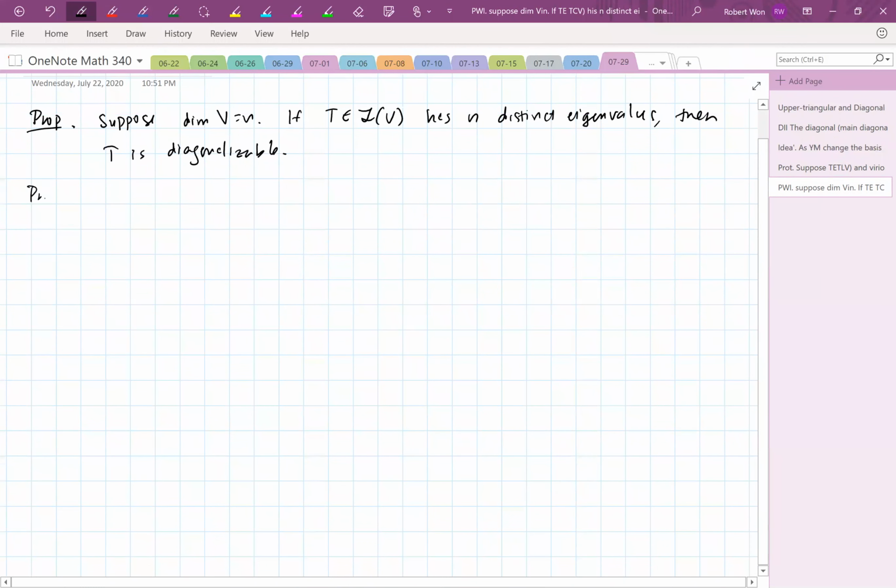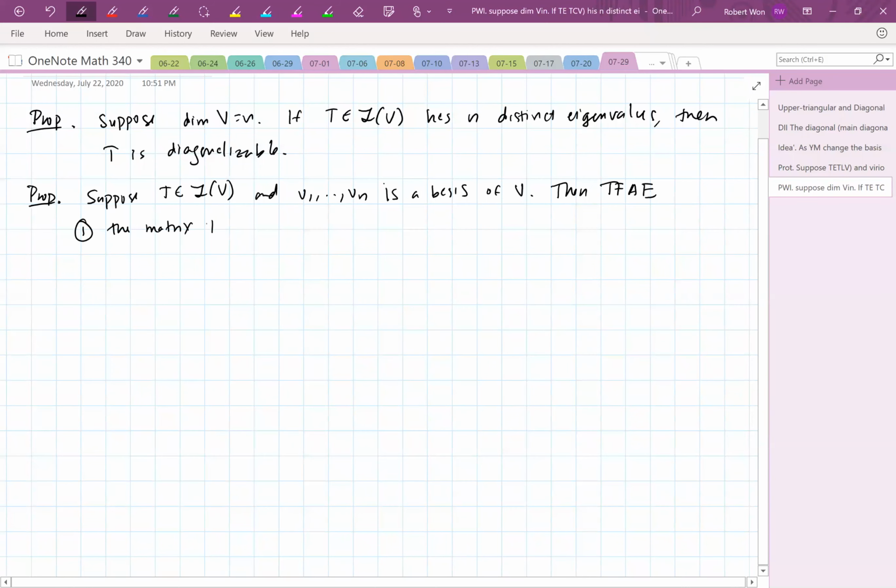So here's the result. Suppose that T is a linear operator on V, and V has a basis consisting of these n vectors. Then the following are equivalent. One, the thing that I'm interested in: the matrix of T with respect to the basis is upper triangular.